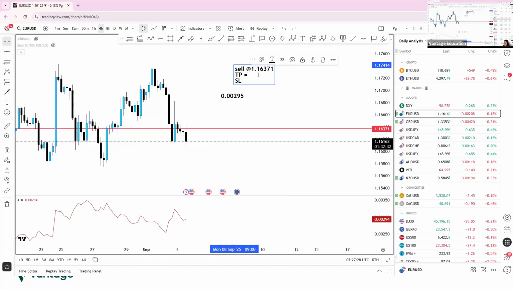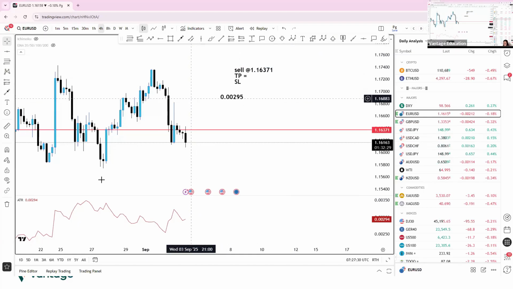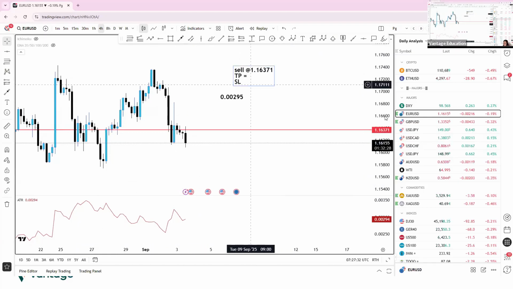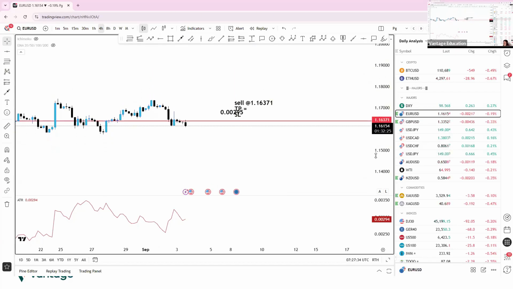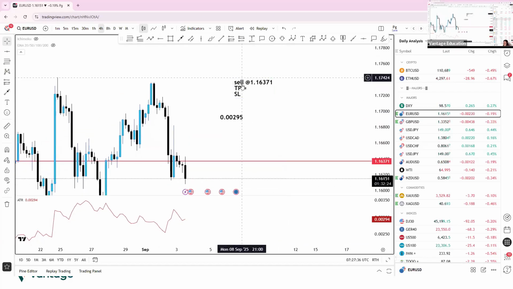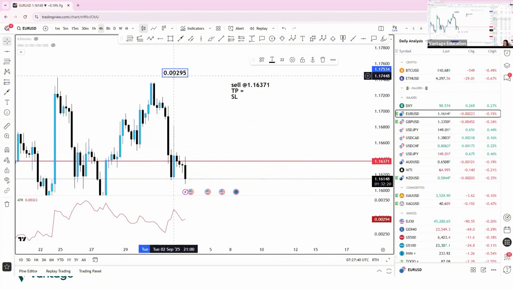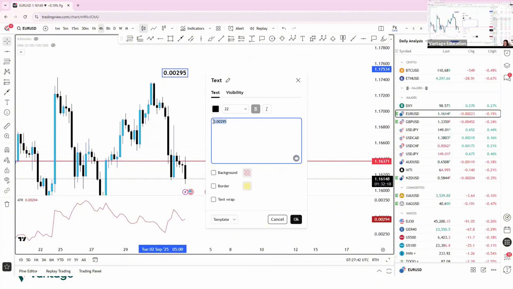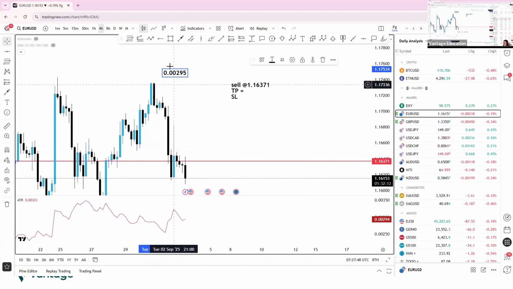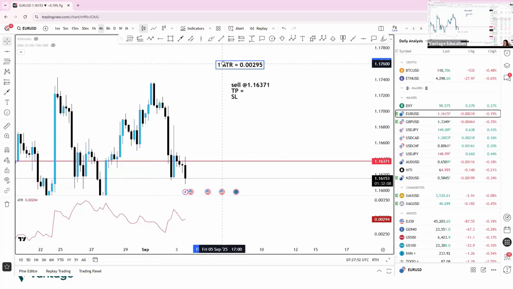I forgot my ATR. Where's my ATR here? Okay, never mind. The ATR is, oh, here. I'm going to put 1 ATR equal to this one, okay?